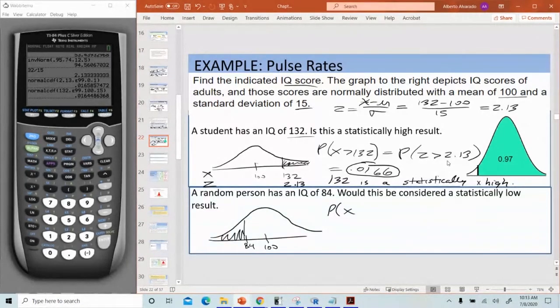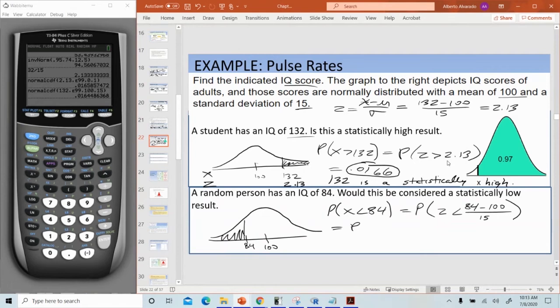I want the probability that x is less than 84, which is equal to the probability that z is less than 84 minus the mean of 100, divided by the standard deviation of 15.